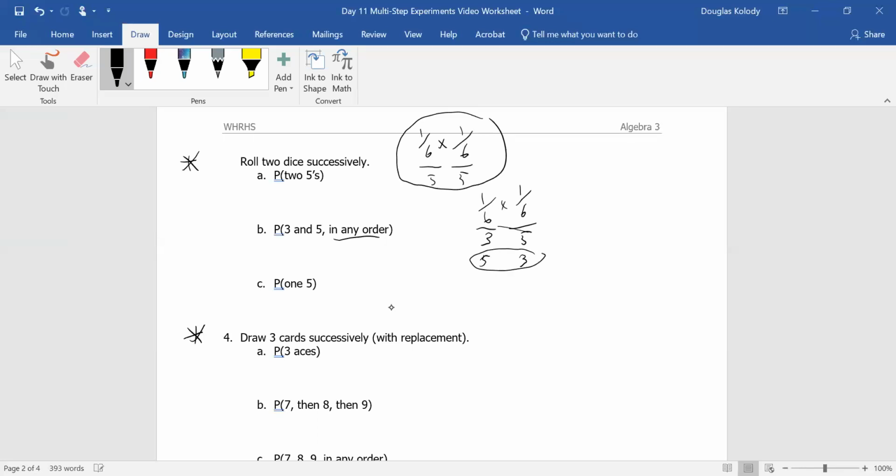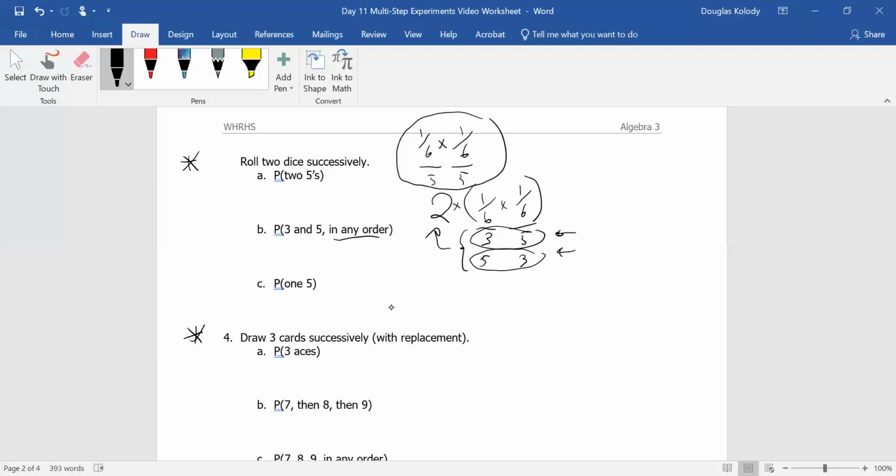But here's my question. Are these probabilities of these two options any different? No. They're both 1 out of 6 times 1 out of 6. But because there are two options, two ways to roll a 3 and a 5, I am going to take those fractions and multiply them by the two ways to arrange them. That's how this works. When there is no particular order, you need to think of all the ways that items can be arranged and multiply the fractions by that number.